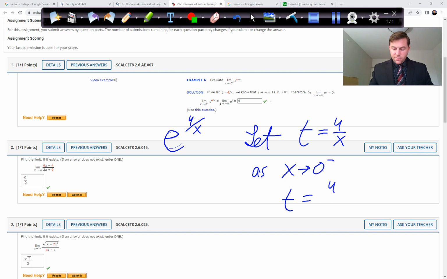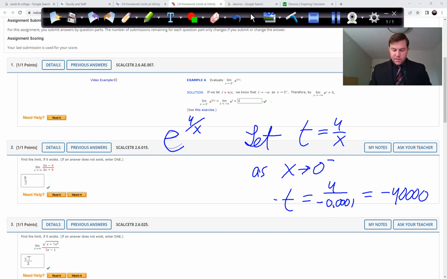So imagine you take 4 and divide by negative 0.0001. Well, that's actually going to give you negative, let me do the math real quick. You get negative 40,000.